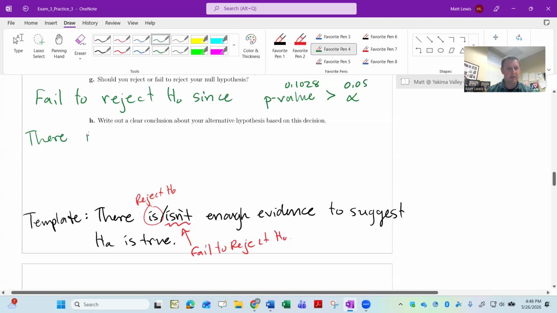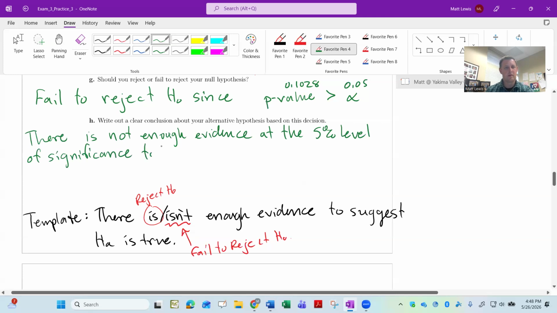So there is not enough evidence at the 5% level of significance to suggest, well, to suggest the alternative is true, but we're not going to say that.